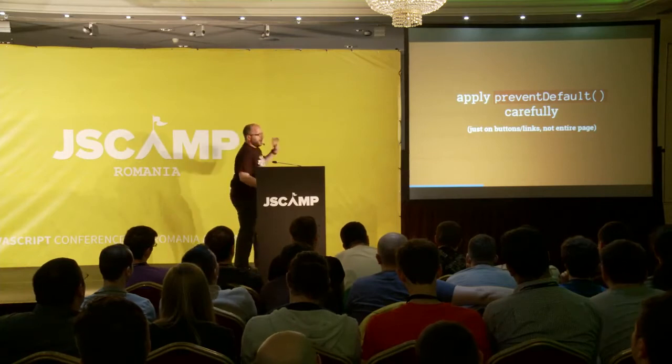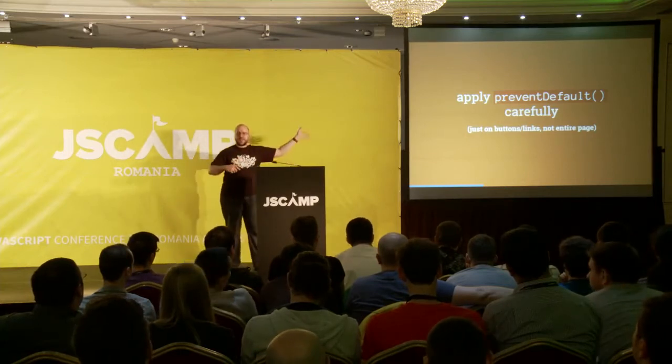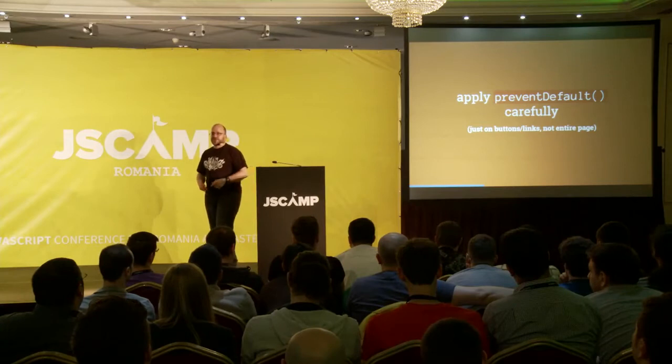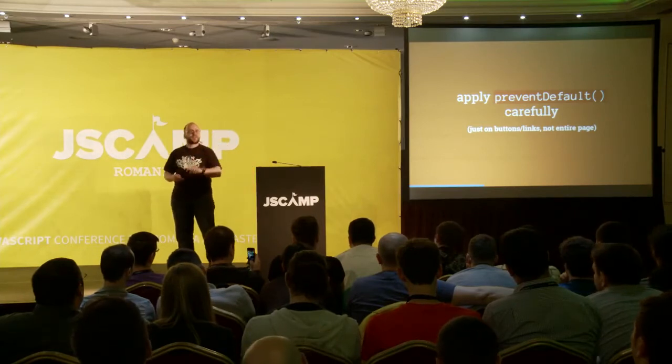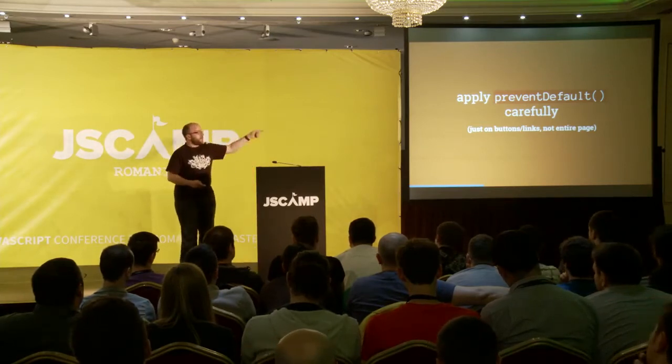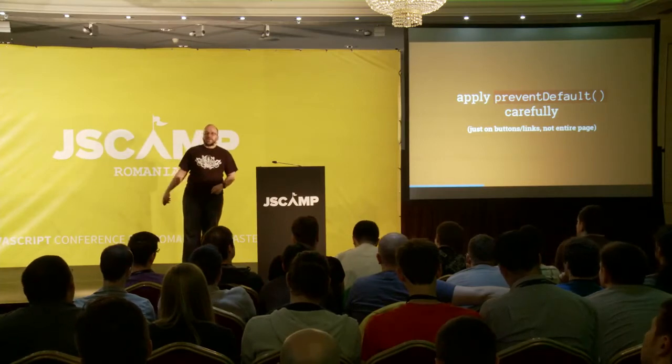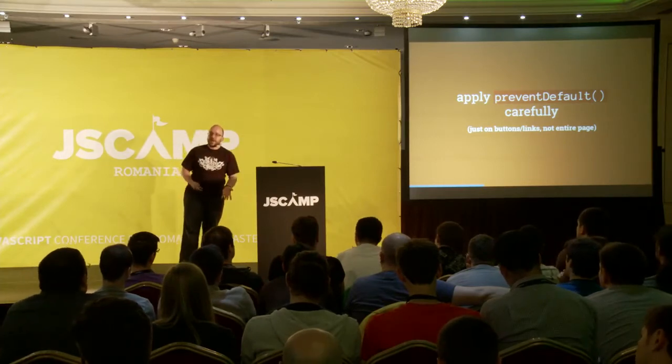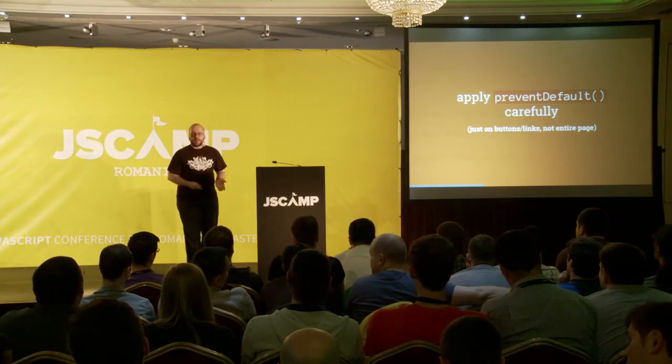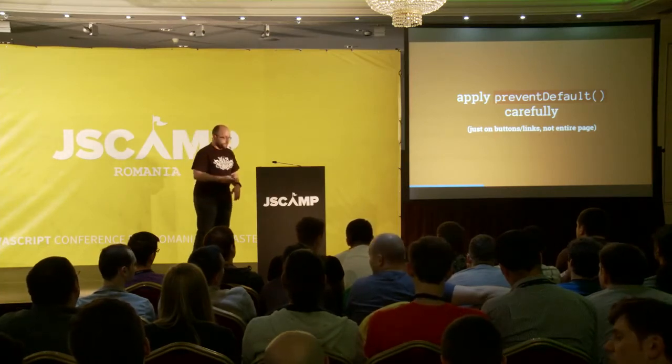So the advice really is to apply it carefully. If you're just doing all of this exercise, doubling up events, just to get rid of that 300 milliseconds to make your buttons a bit quicker, sure, apply it only in the case of the buttons. Don't apply it to the entire page and kill basically everything on the page that the browser will do by default.